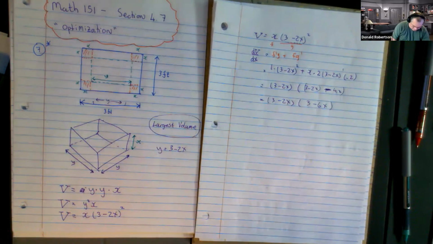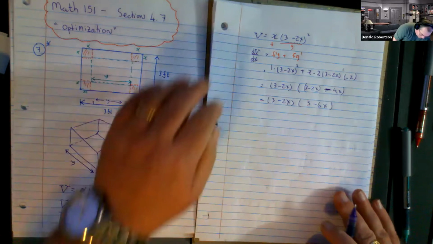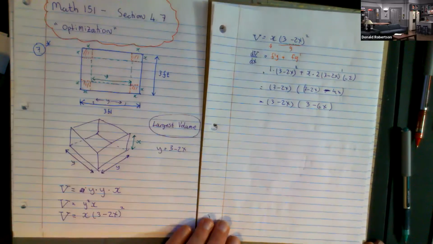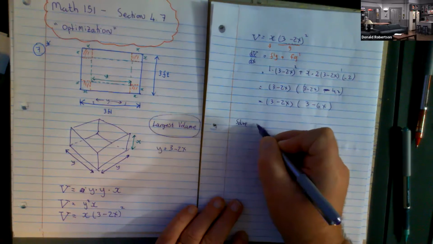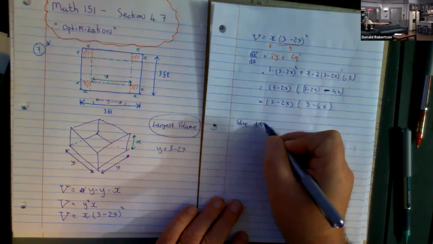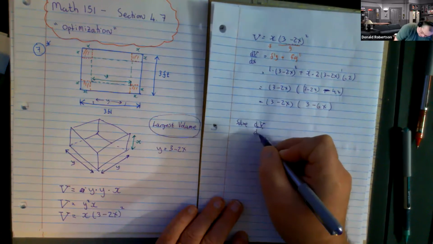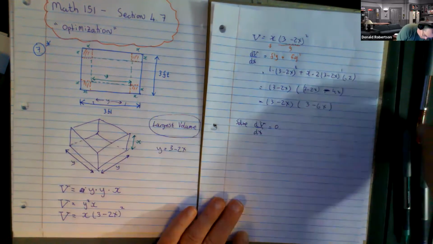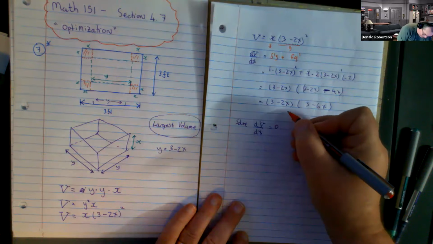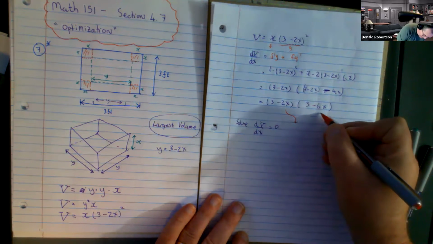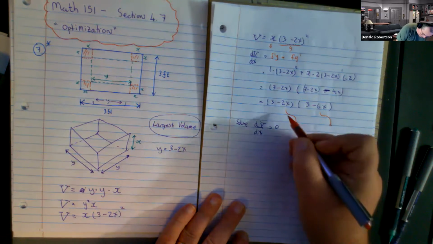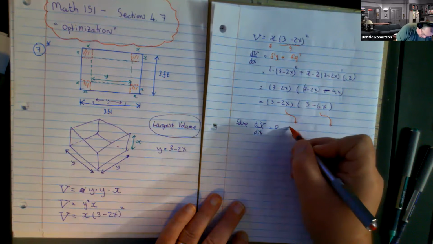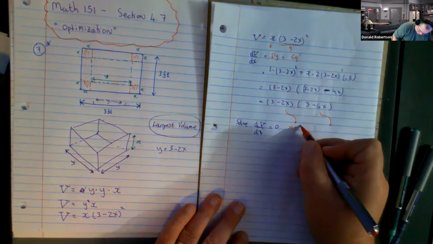That looks good. Now we need to solve, when is the derivative 0? And it looks like we're going to get 2 answers. If you solve this one, x ends up being 3/2. And if you solve this one, x equals 1/2.